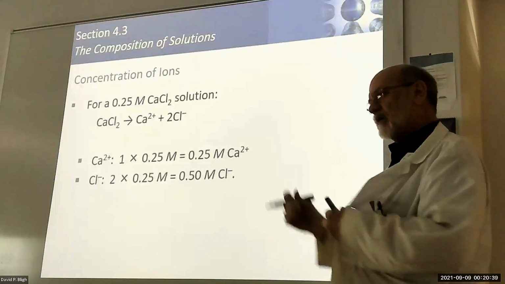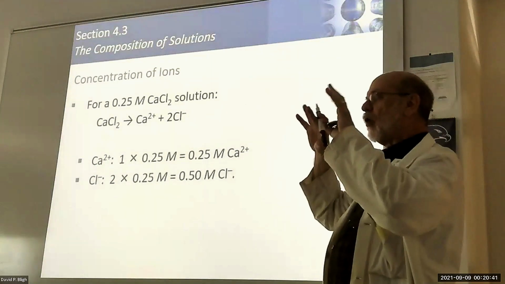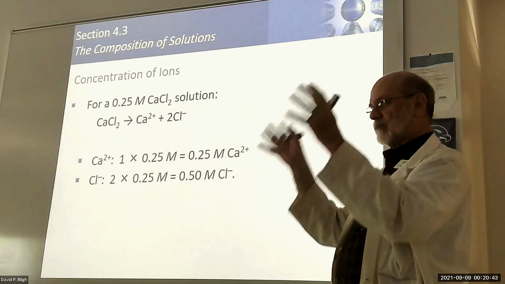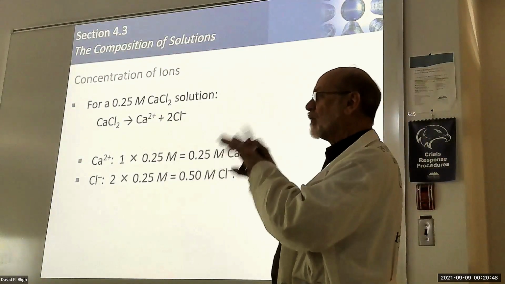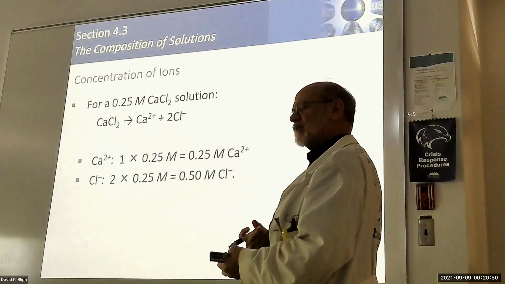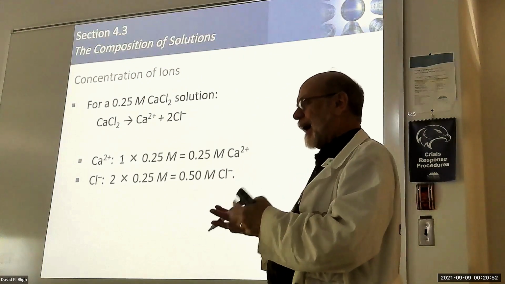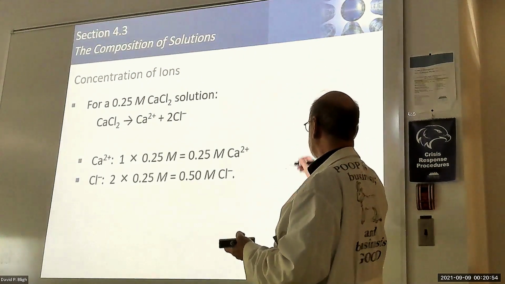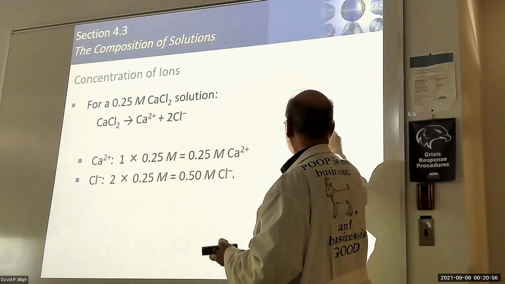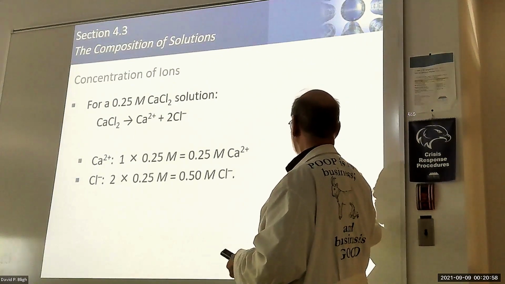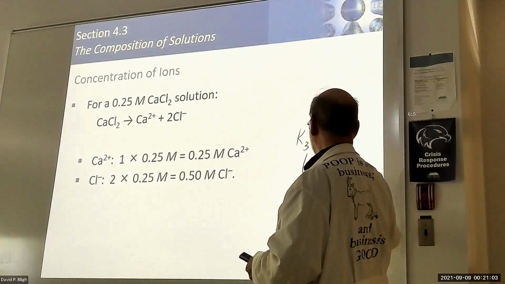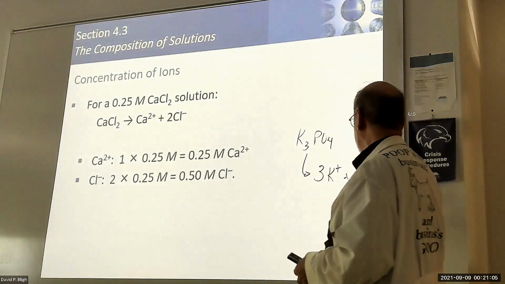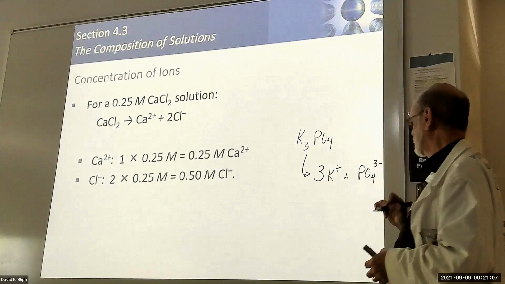Now, that was potassium phosphate. That was the whole formula unit. I was about to say molecule, but it's not a molecule. The whole formula unit. So if you have one of those, how many potassiums did we have out of that? When it goes into solution, what does it do? It produces 3 potassium ions plus 1 phosphate. Right?